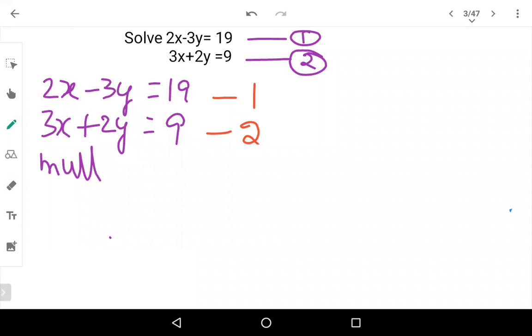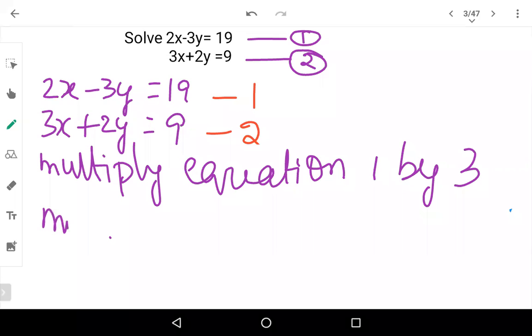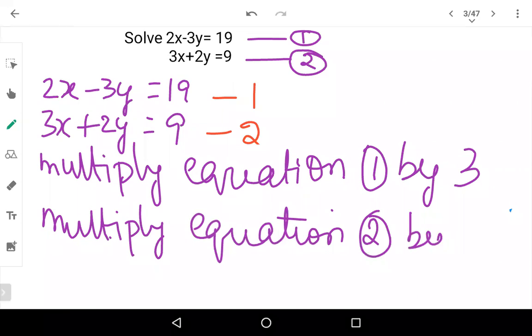So multiply equation 1 by 3. I'm taking equation 1, 2x minus 3y is equal to 19, and I'm multiplying that with 3. And next, multiply equation 2 by 2. You can just circle them.